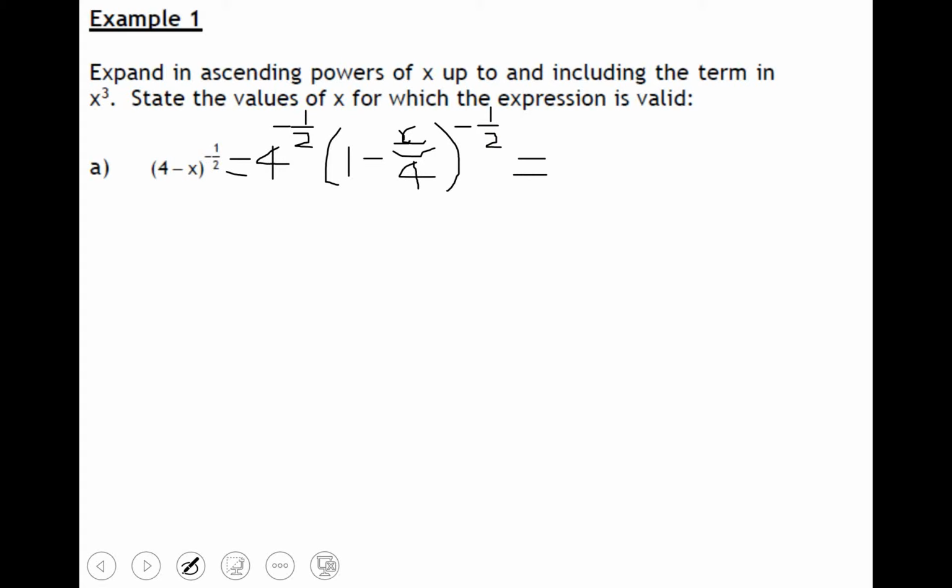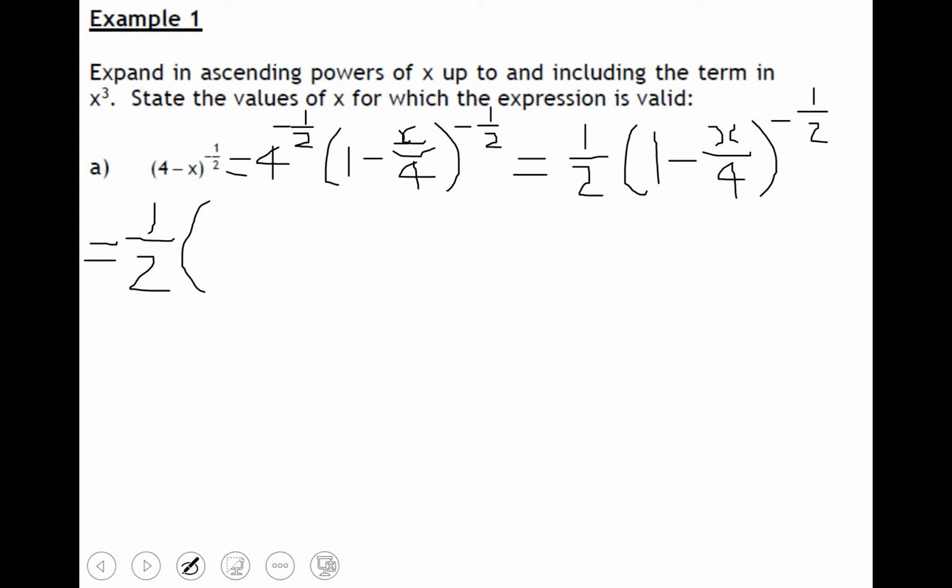Now 4 to the power of minus a half is equal to a half. So after we've done our expansion, we'll have to multiply each term by a half. So to remember, we should do our expansion within a bracket with a half on the outside.